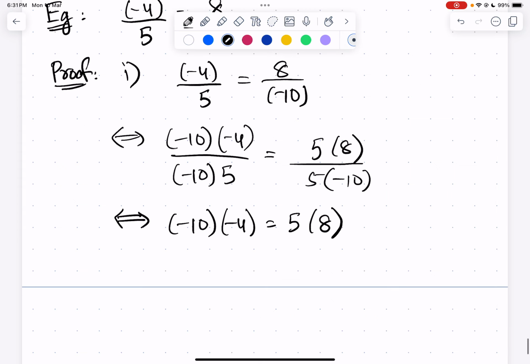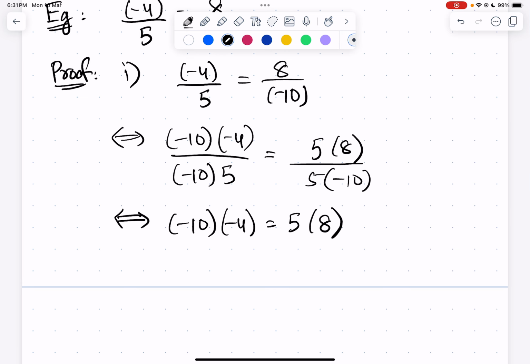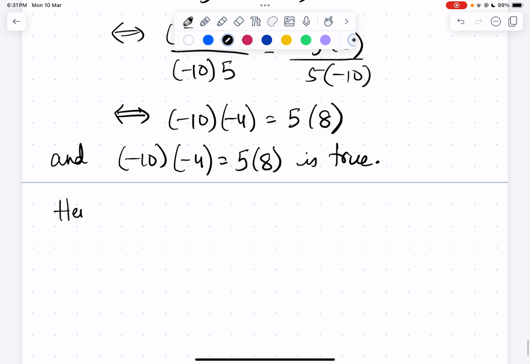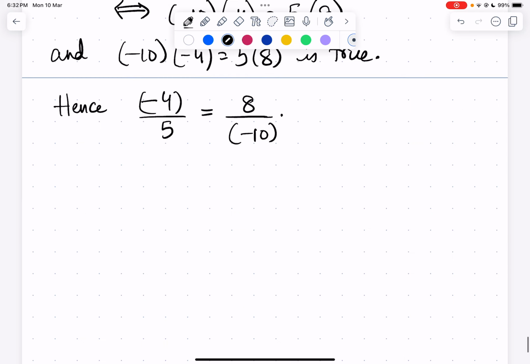The denominators are already equal. So minus 10 times minus 4 equals 5 times 8 is true. Hence the rational number represented by minus 4 by 5 is the same as the rational number represented by the form 8 by minus 10.